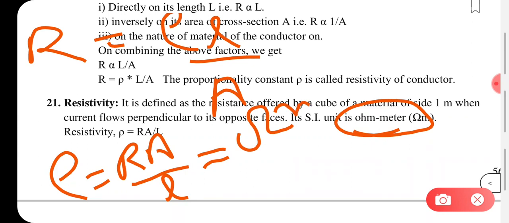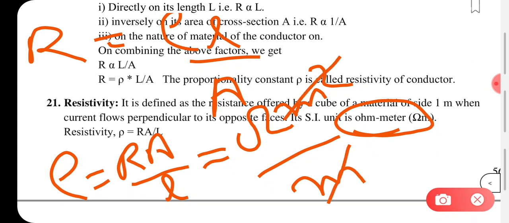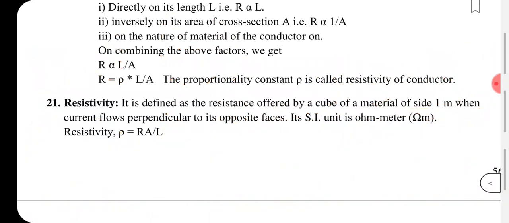For area it will be meter square, and for length it is meter. So one meter gets cancelled, one meter remains, and the answer becomes ohm meter. That is why the SI unit for resistivity is ohm meter.